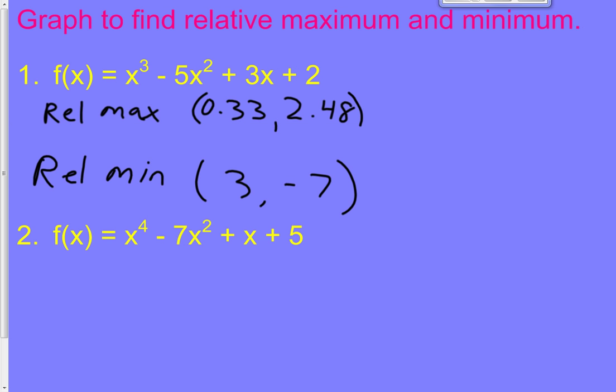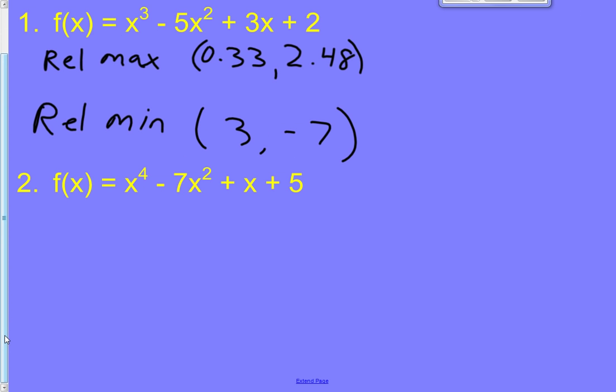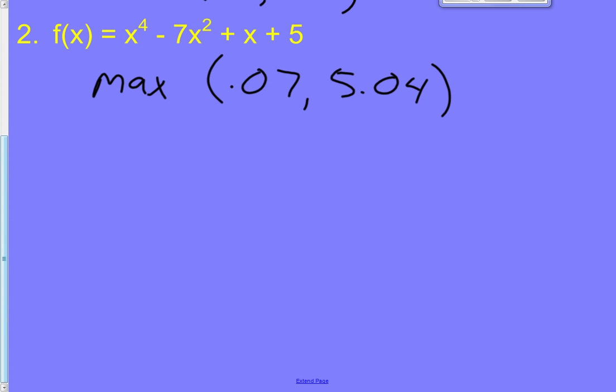Why don't you pause the video and try number 2 on your own. When you tried number 2 on your own, you should have gotten one maximum. That maximum point you should have gotten at 0.07 and 5.04. Now you should have gotten two minimums. There were two values in this one.